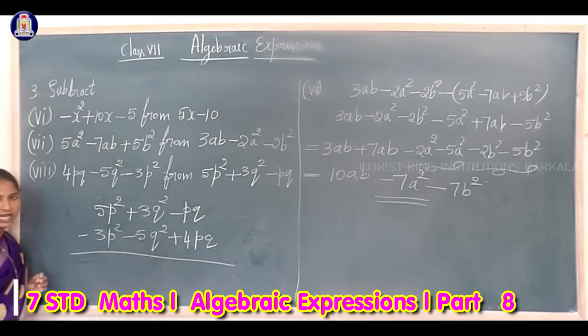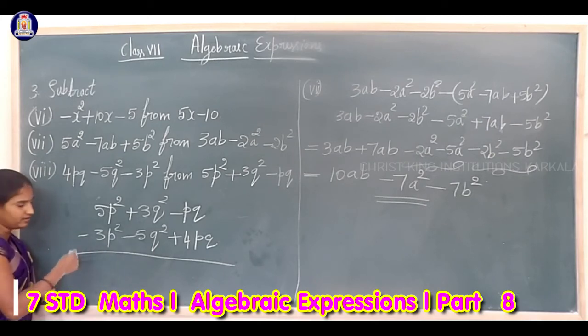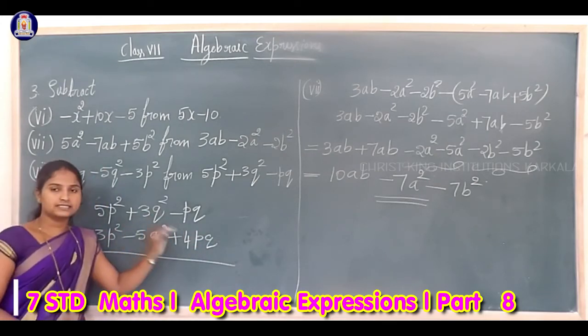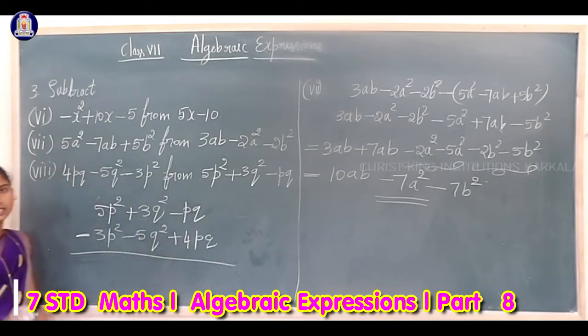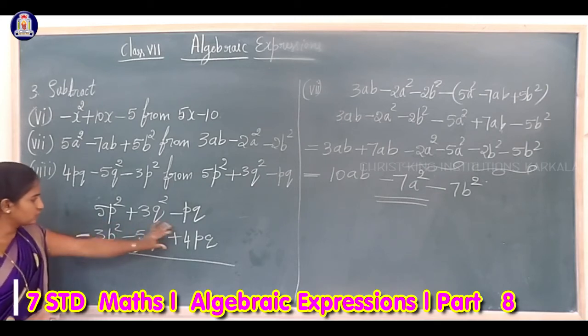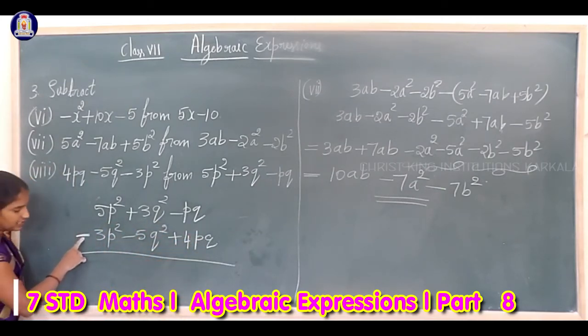After that, see, in subtraction one condition: you have to change the sign. Clear? So the second row, this is the second row, right? You have to change the sign of the second row. That is the condition in subtraction. While you are solving by the vertical method, you just have to change the second row's sign. So what is the sign here?